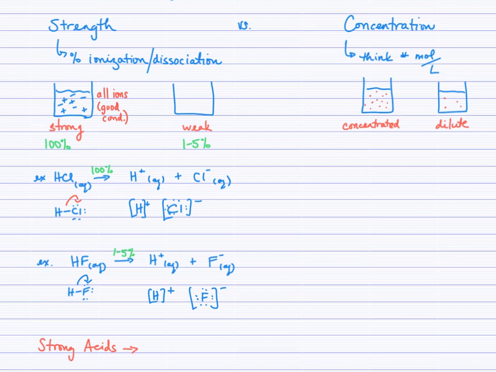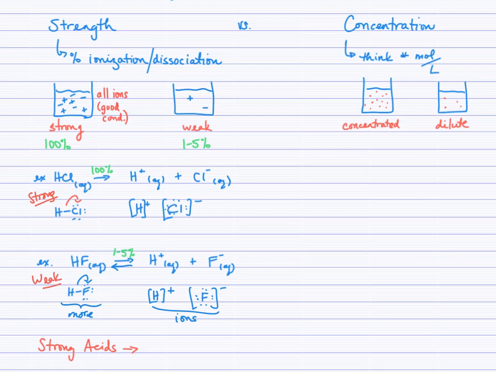So HCl was our example of a strong acid, right? HF is our example of a weak acid. In fact, it's not even correct really for me to put just a forward arrow there. I'm actually going to put a reverse arrow to suggest that we have many more of these molecules than we do of these ions. So there's actually very few ions in solution.